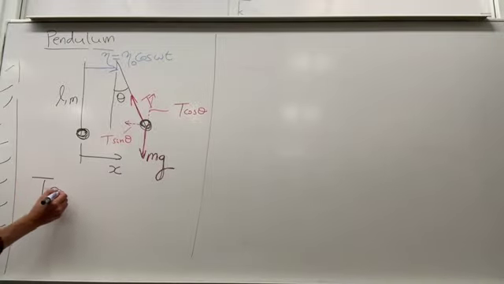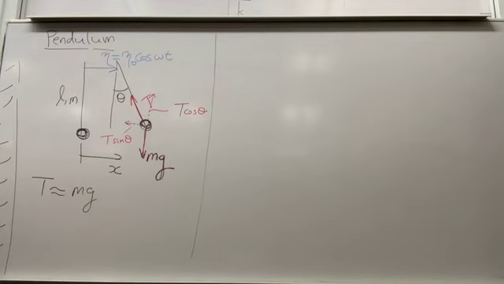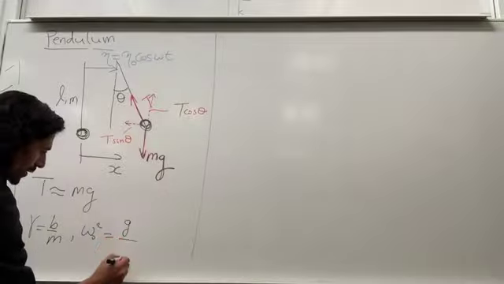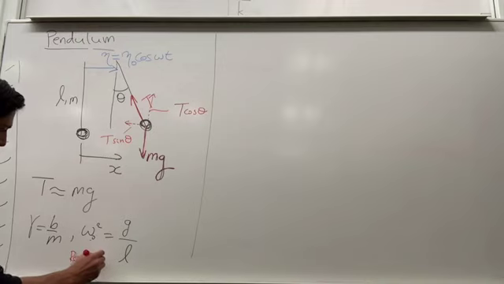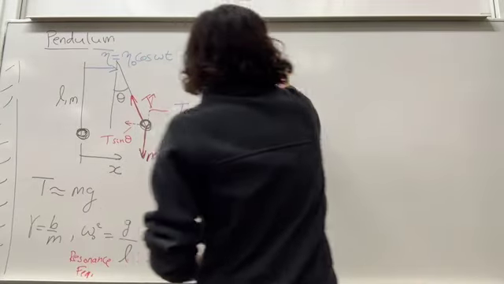T is almost mg. That helps us a lot. Okay, so we make that assumption. And we also use the same notation as before. So gamma is B over M. And omega 0 squared is g over L. Okay, this is the resonance frequency.